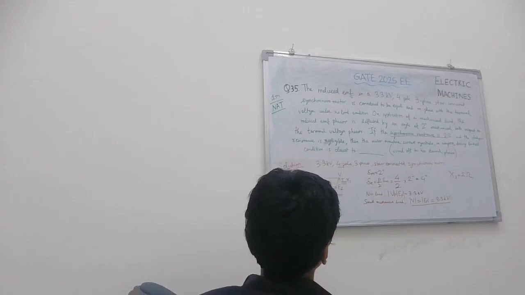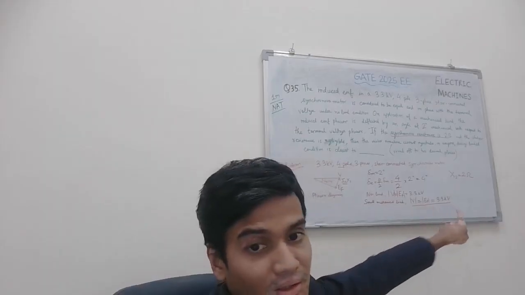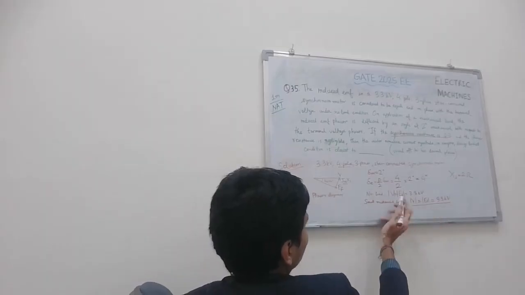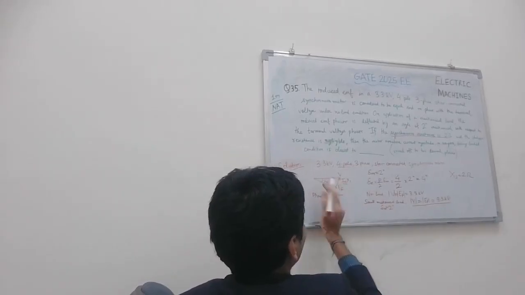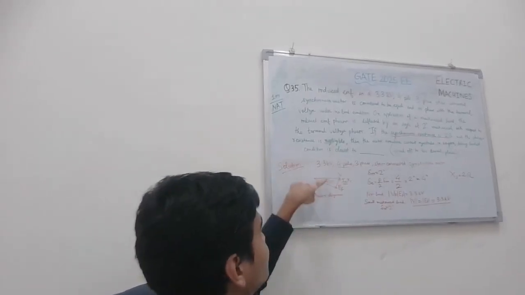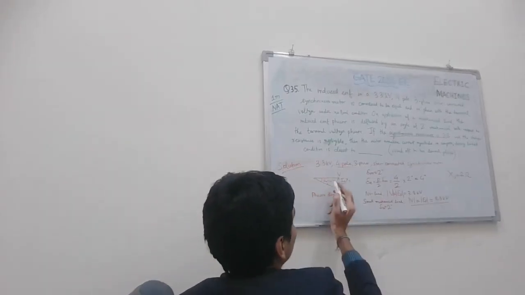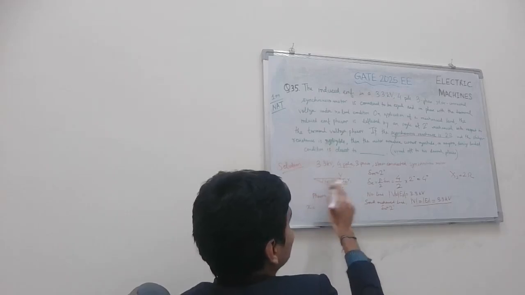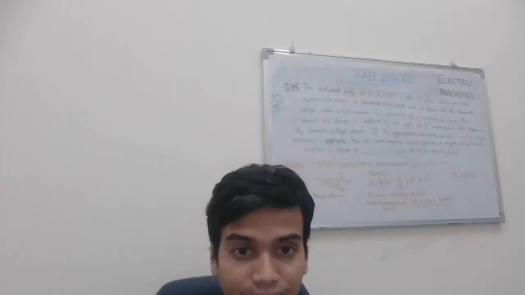Now, as per the definition, E and V are equal. Right? So here, basically, the sum of the angles of a triangle is 180 degrees. It's clear.